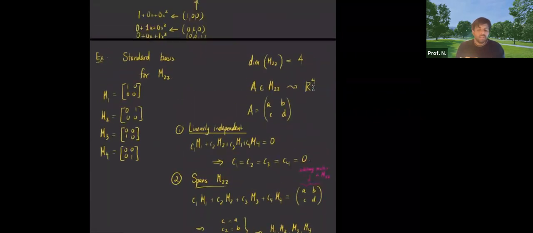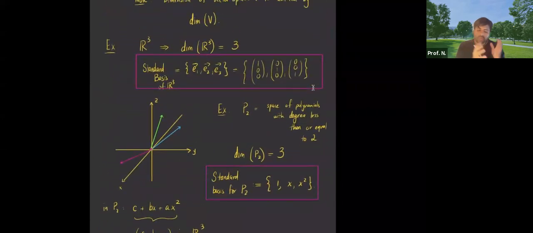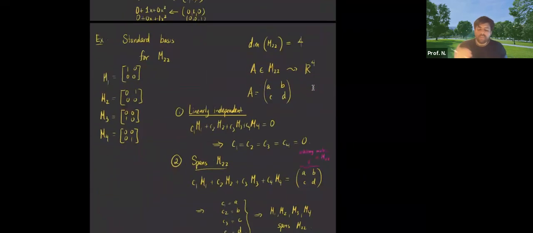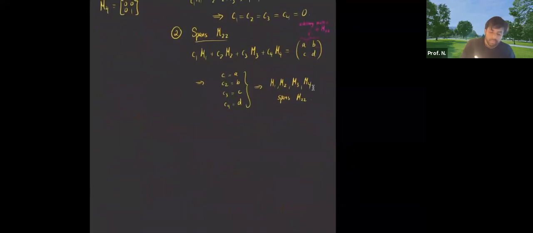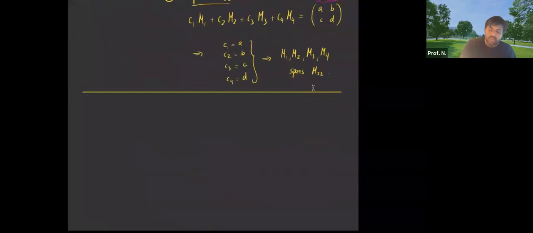We've seen the very common examples of vector spaces such as R3, M22, and P2: the polynomial space, the matrix space, and the three-dimensional space that we normally deal with. And we know about their standard bases for R3, for P2, and for the set of 2x2 matrices.